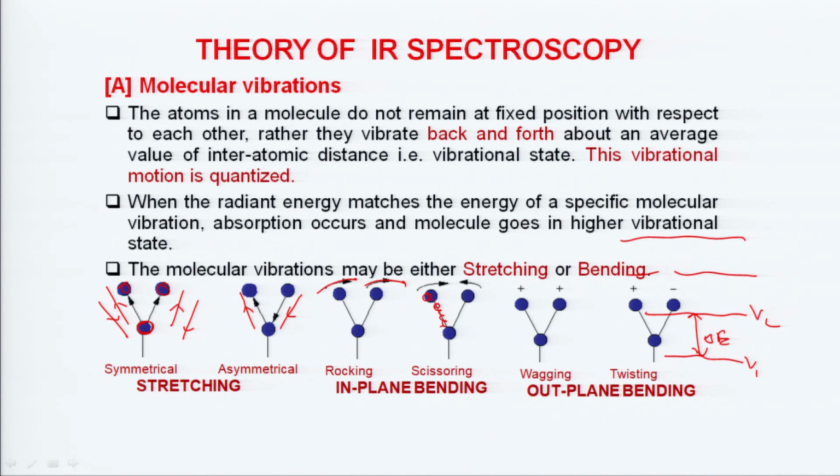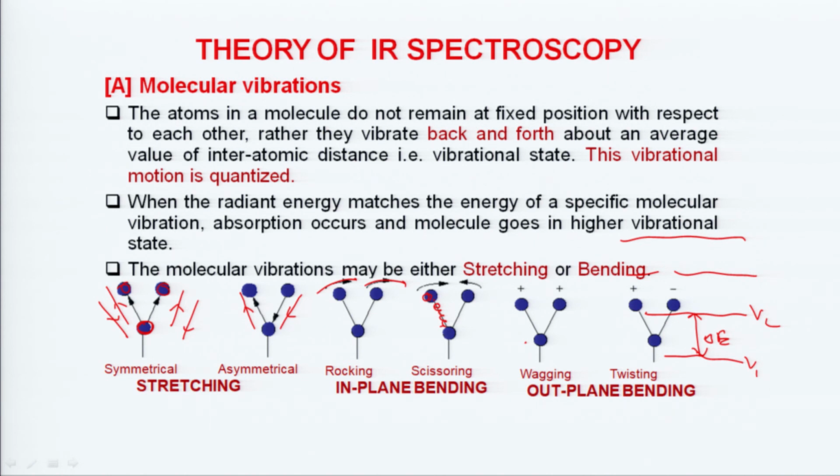Now, out of plane bending, wagging or twisting, means we are changing the plane. Now the plane has been changed, we have made this plus or minus. Wagging means these two bonds, which were in the plane, have been pushed backside, upward or downward. By tradition we represent upward as plus. So, the plane has been changed, both of them going upward or both of them going downward.